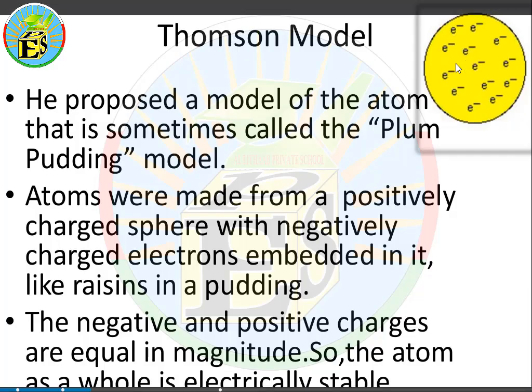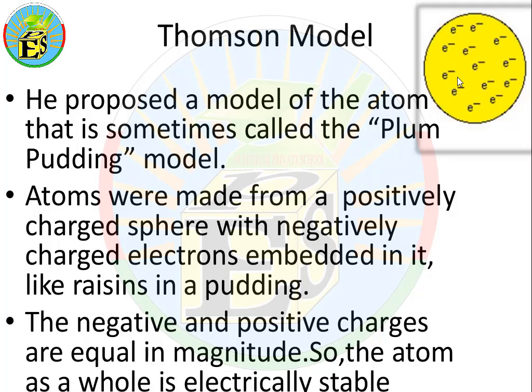He supposed the positive charge is a sphere and the negative charge is particles distributed on the surface of the positive charge like this. But he said the negative charge equals the positive charge, so the atom is stable.